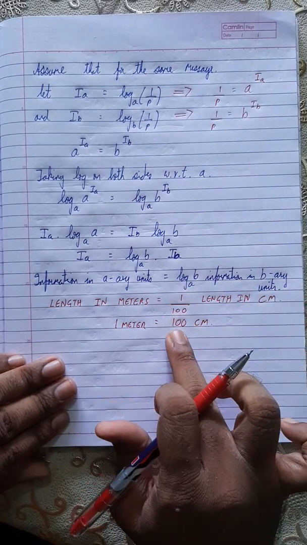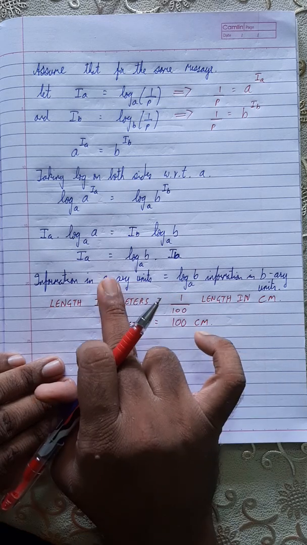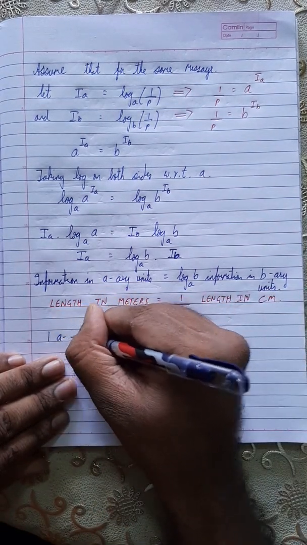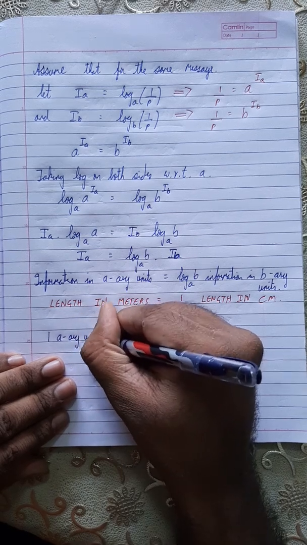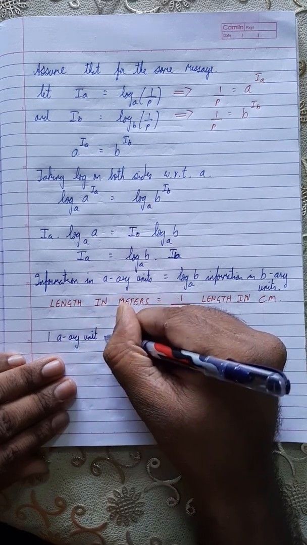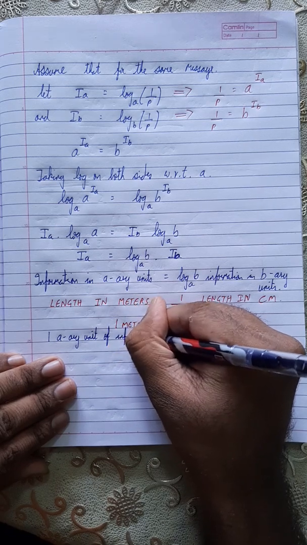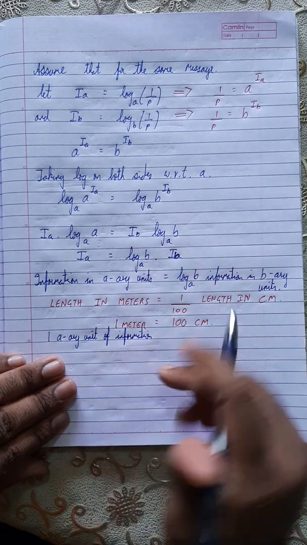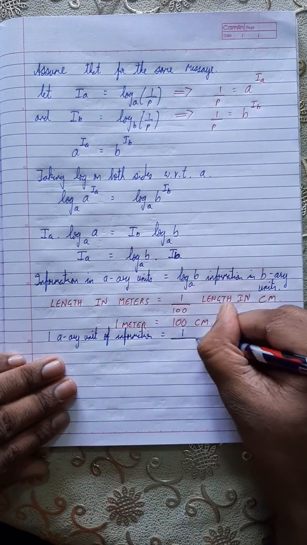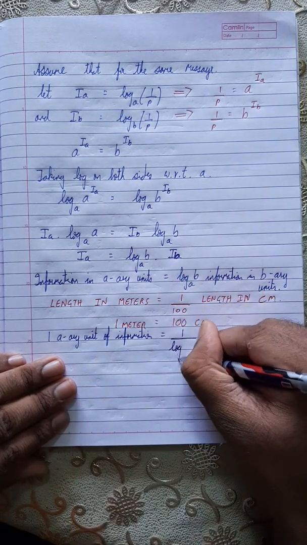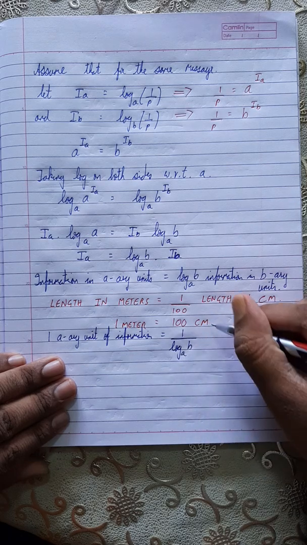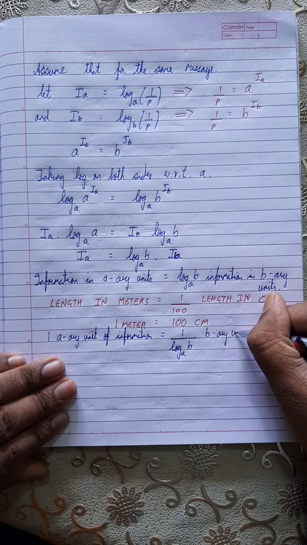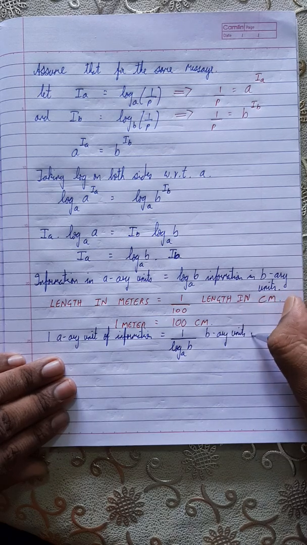In the same way, 1 a-ary unit of information is equal to 1 by log b to the base a b-ary units of information.